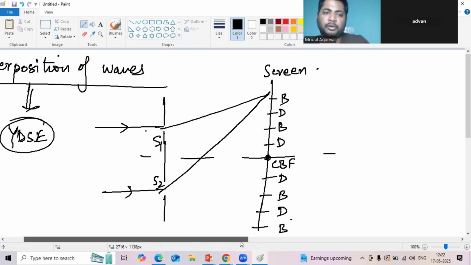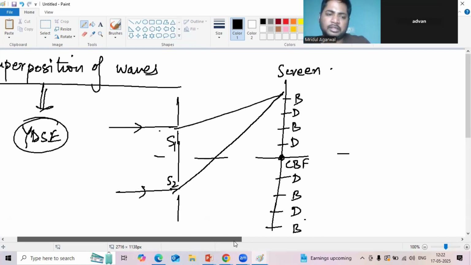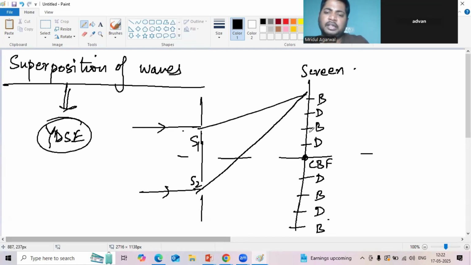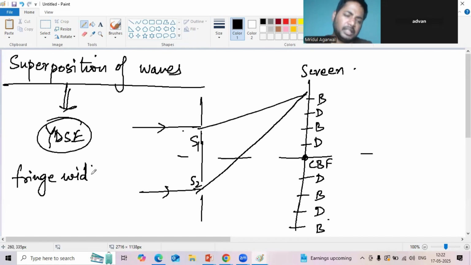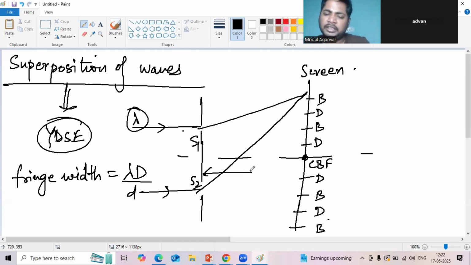One more important thing: in the YDSE experiment, the fringe width is given as lambda D over small d, where lambda is the wavelength of the light you are sending, capital D is the distance between the slits and the screen, and small d is the distance between the slits.